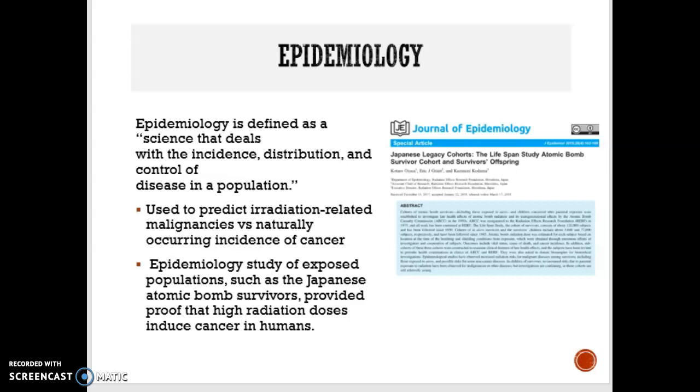Epidemiology is defined as the science that deals with the incidence, distribution, and control of disease in a population, and it's used to predict irradiation-related malignancies versus naturally occurring incidents of cancer in the population. Epidemiology studies of exposed populations, such as the Japanese atomic bomb survivors, provide proof that high radiation doses induce cancer in humans later on.